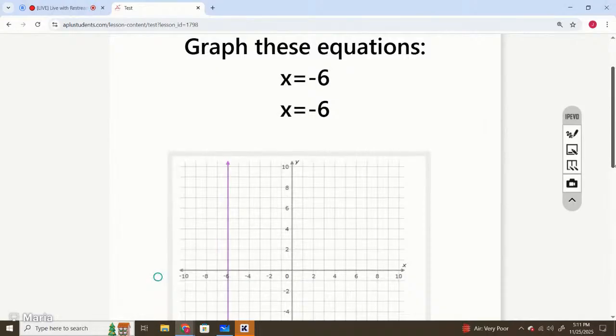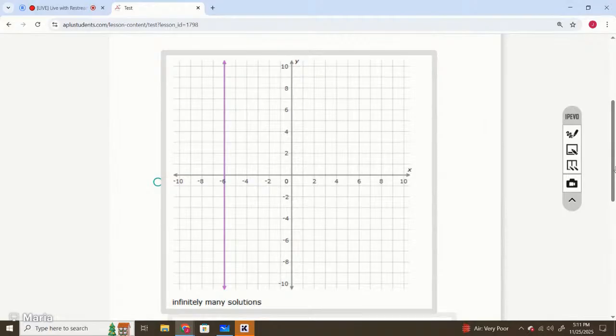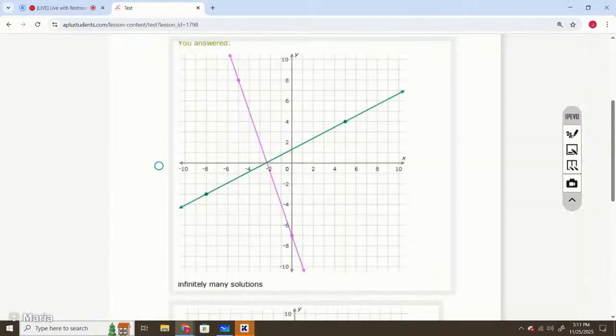x equals negative 6 and x equals negative 6. Option number 1 is the correct option. The system has infinitely many solutions.